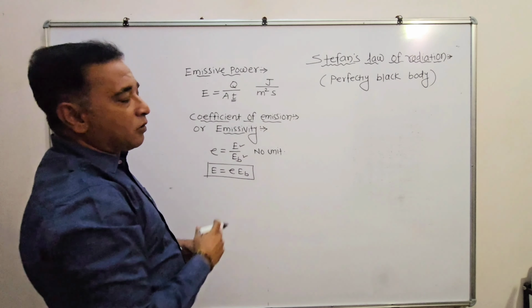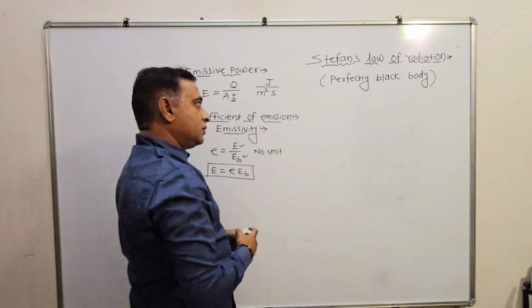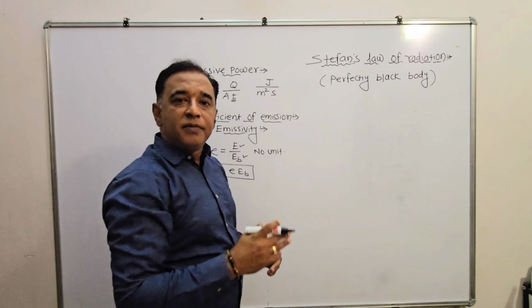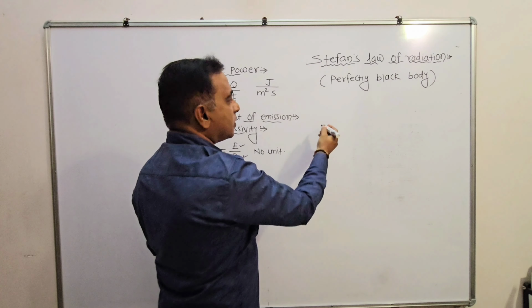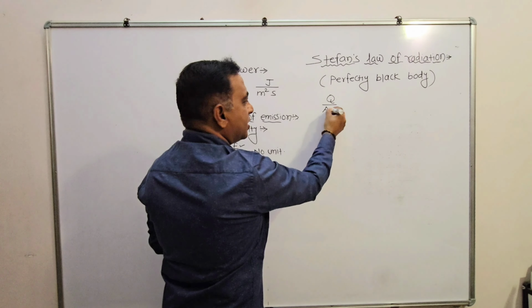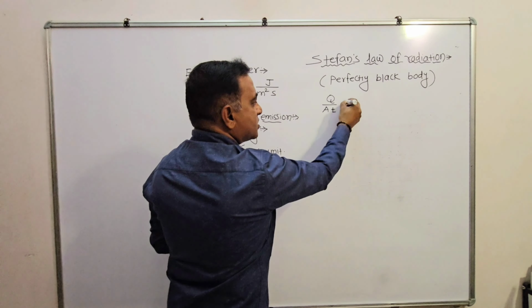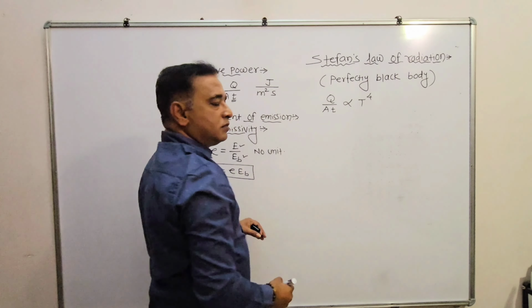What about Stefan now? Come toward the point. According to Stefan, or this law is also known as the Stefan-Boltzmann law, the statement is as follows. The amount of energy emitted per unit area per unit time is directly proportional to the fourth power of absolute temperature, T raised to power 4.